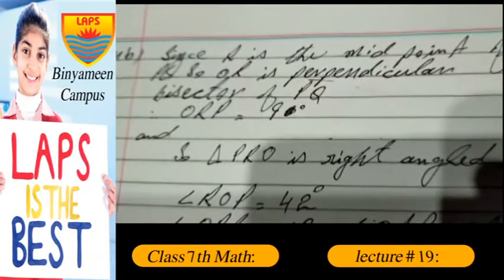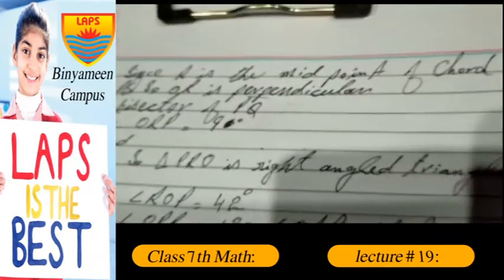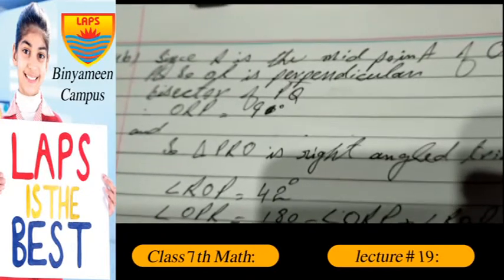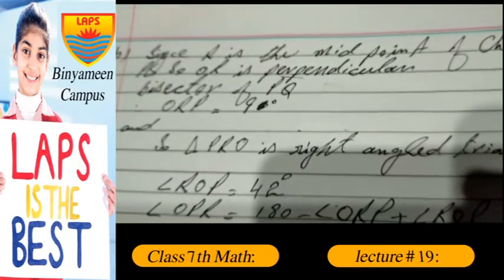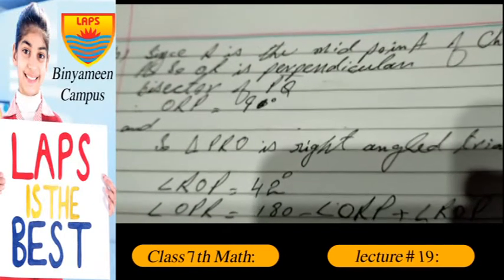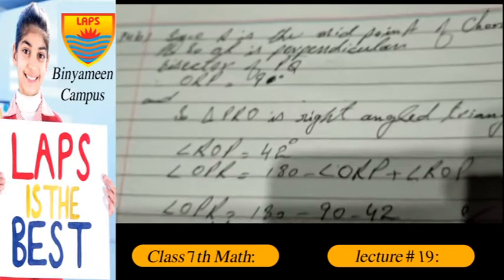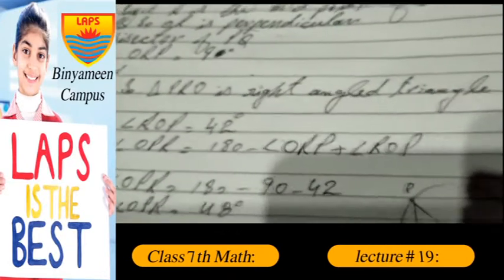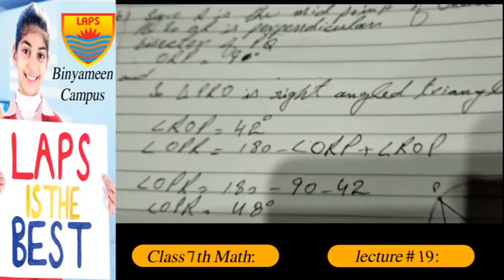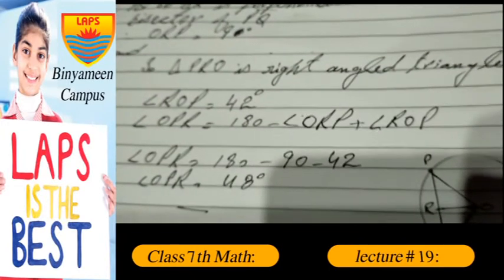Step of construction. Since R is the midpoint of chord PQ, so OR is a perpendicular bisector of PQ. Angle ORP is equal to 90 degrees. And so triangle PRO is a right angle triangle and angle ROP is equal to 42 degrees.